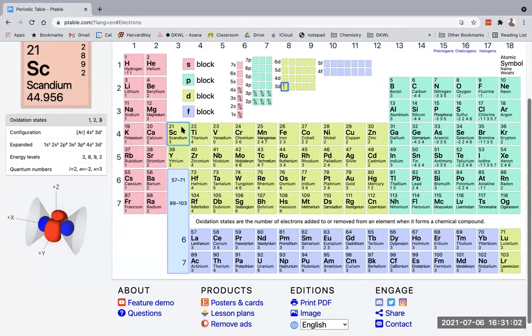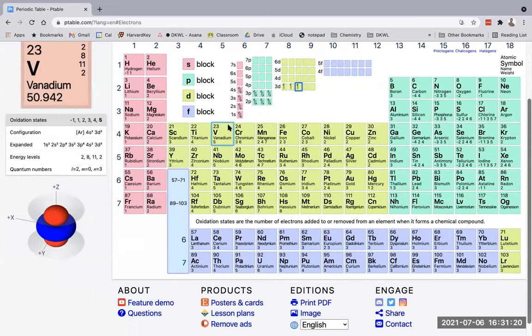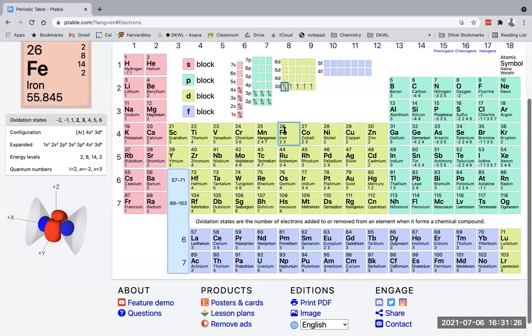These oxidation states do serve a purpose. We use them as catalysts, either directly or as part of a compound, because having this oxidation state means that they can play 2 different roles even at the same time. So that is why we use vanadium(V) oxide in the contact process when we're making sulfur trioxide. We use iron when we're making ammonia, and that ammonia is a very useful compound.